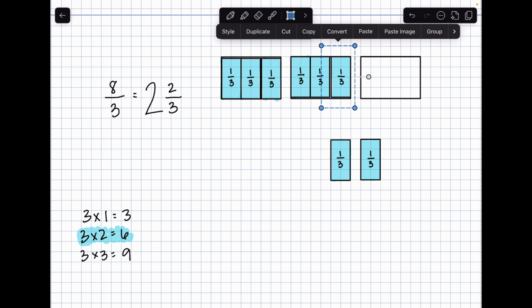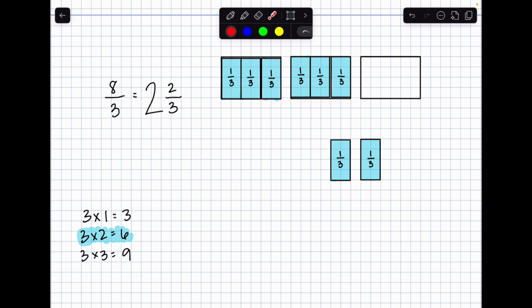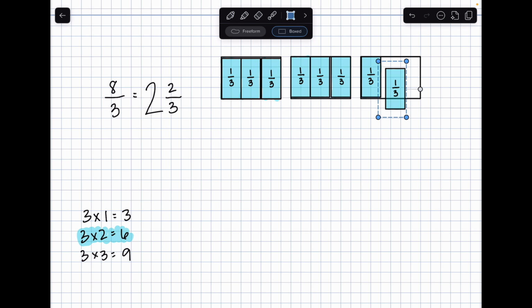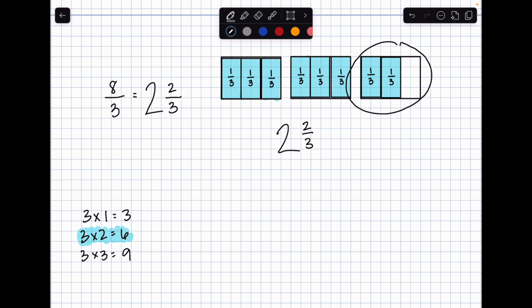Then I said I had 2/3 left over, which it looks like I've got 2/3 left over down here. I'm going to drag them up into my model. And now I've got 2 wholes plus an extra 2/3. That is my 8/3 put into a mixed number.